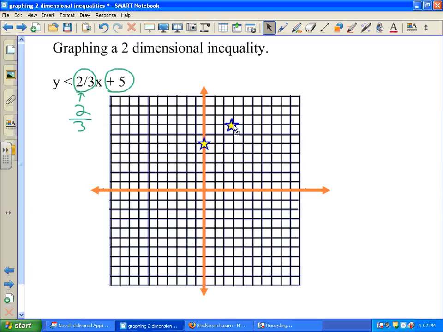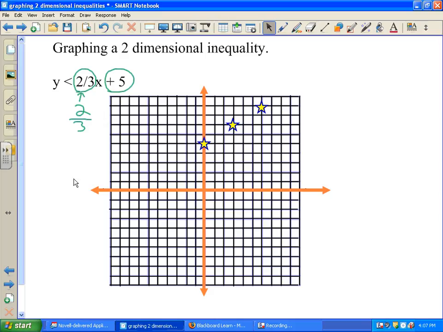At that point, we do it again. Up 2 over 3. We always go 3 to the right, or however many to the right. If it was negative, that means we're going to go down so many and to the right.